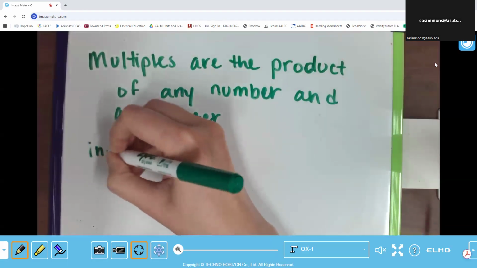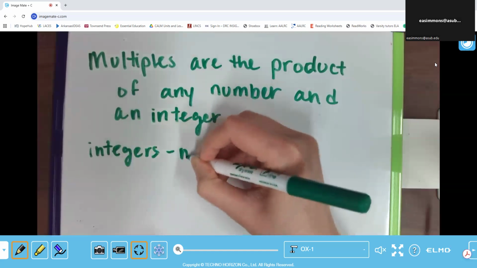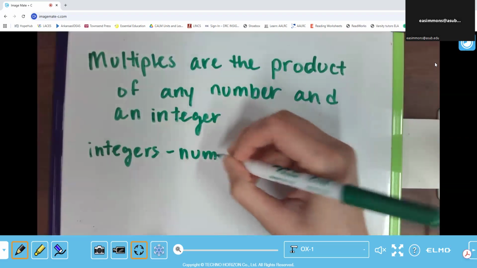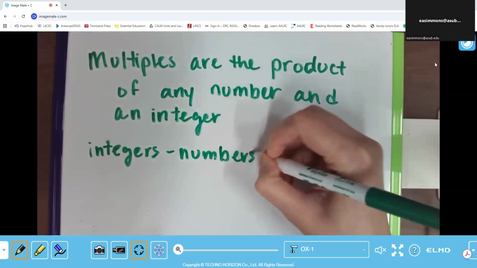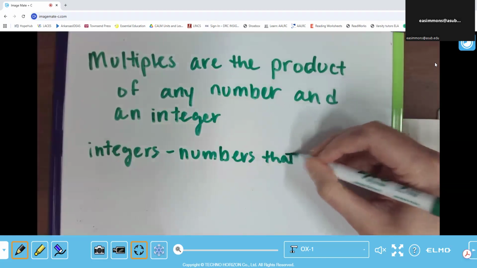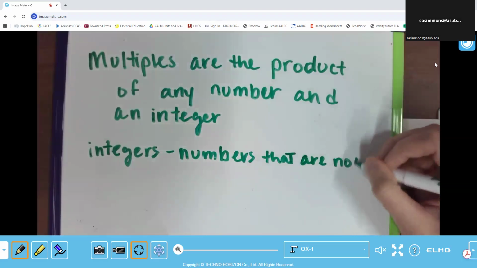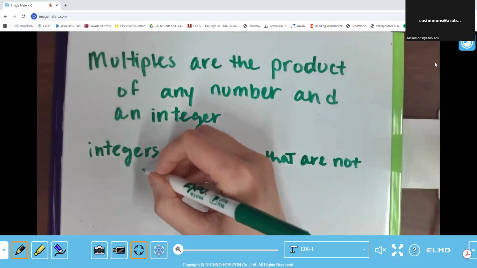Integers are numbers that are not a fraction or a decimal.